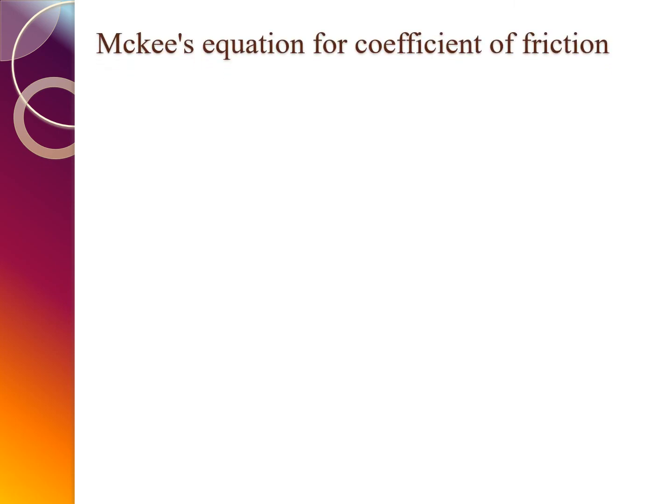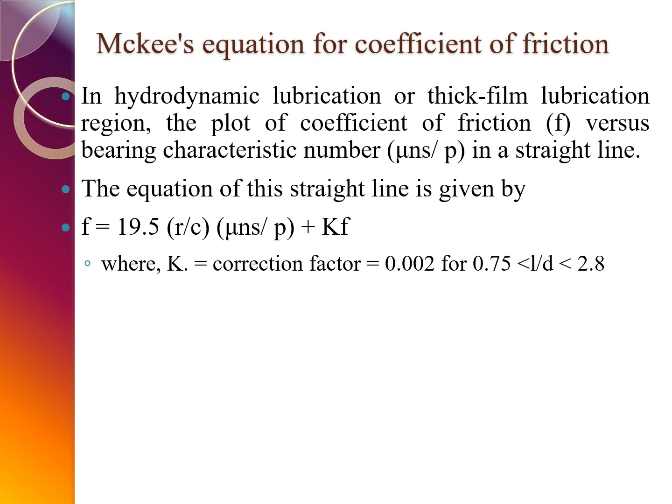Next parameter is Mckee's equation for coefficient of friction. In the hydrodynamic lubrication or thick film lubrication region, the plot of coefficient of friction, that is f, versus bearing characteristic number μNs/p is a straight line. We have already seen the diagram.